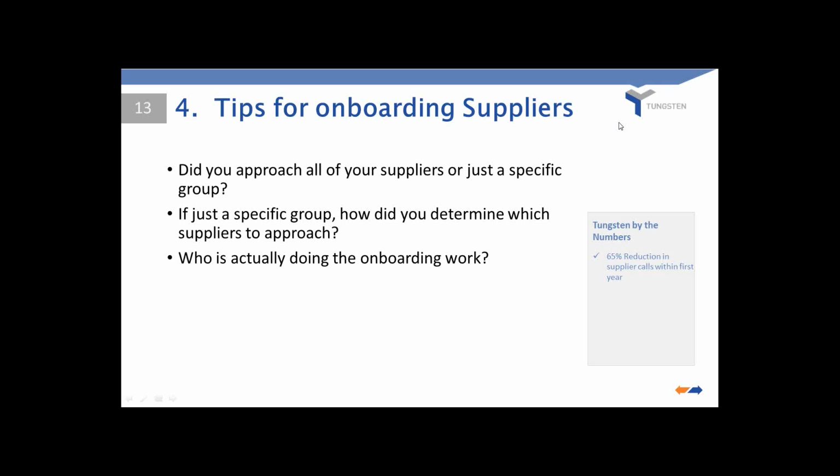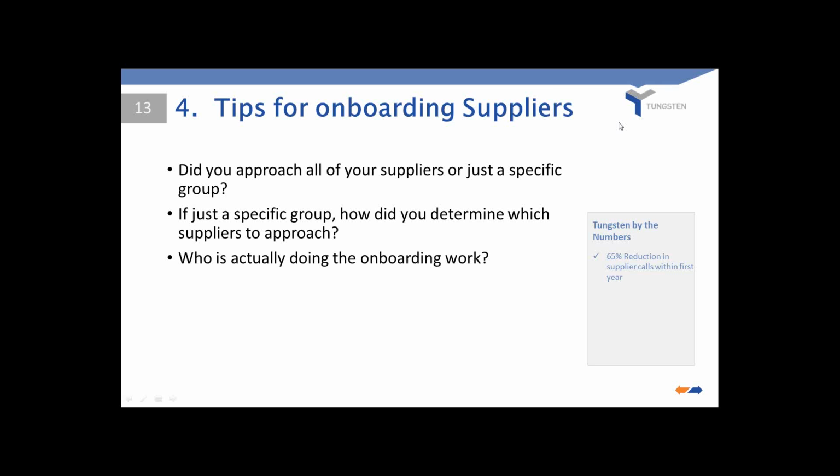So there's an alert that goes to the contact that we have for the company that gives them the information about the mandate, gives them the information about Tungsten, then OB10, and about the VA and all the logic and reasoning for moving to electronic invoicing, and then contact information where they could get in touch with Tungsten and begin the process. Because certainly for the larger vendors that do send in 10, 15,000 invoices a year, the integrated solution that I mentioned earlier would be appropriate for them, and that does take some time to implement.